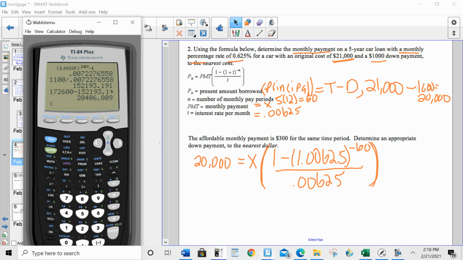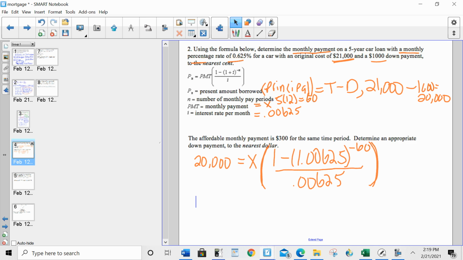So might as well put those parentheses there. Alpha y equals enter. 1 minus parentheses 1.00625 to the power of negative 60, over 0.00625. 49.9 dot dot dot.